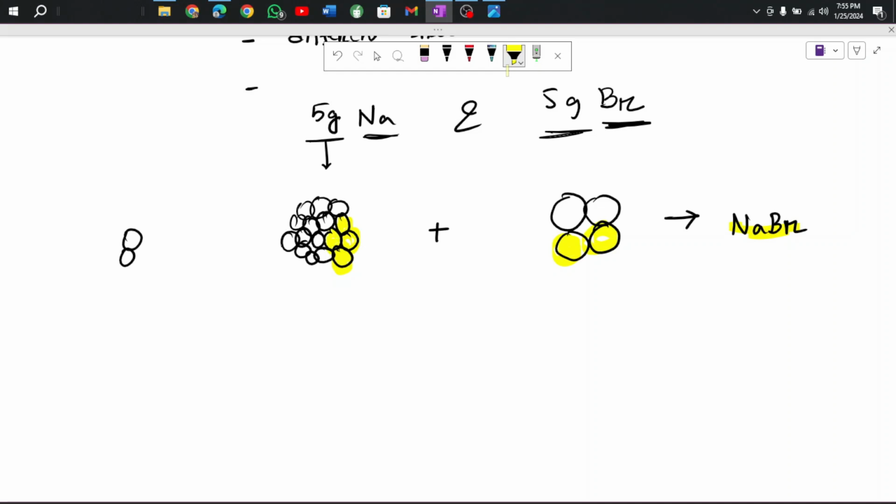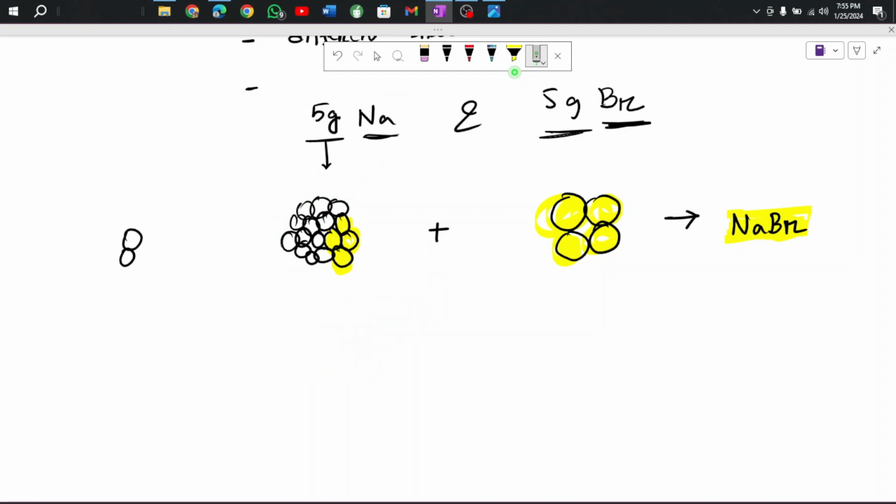Similarly, you'll get 4 sodium reacting with 4 bromine molecules to give you 4 molecules of product sodium bromide. Now, keep in mind the rest of these sodium reactants are left unused. The rest are left unused.